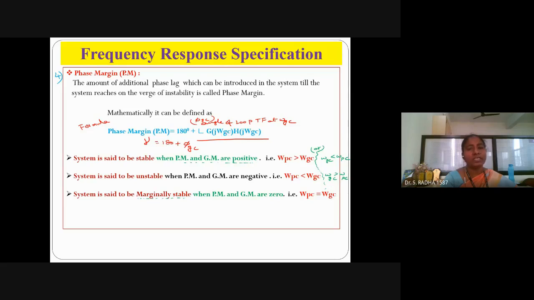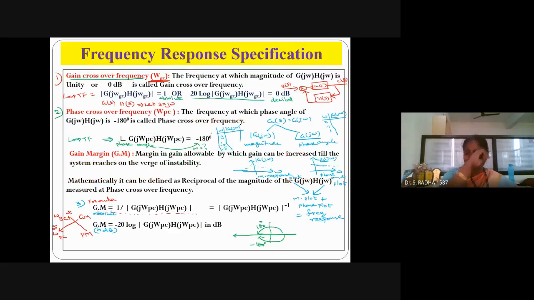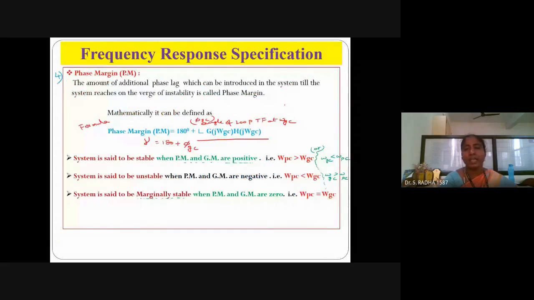That omega gc is nothing but where the magnitude equals 1. And that omega gc I use in the phase margin for the angle calculation, so I will find the phi gc value from the tabular column.